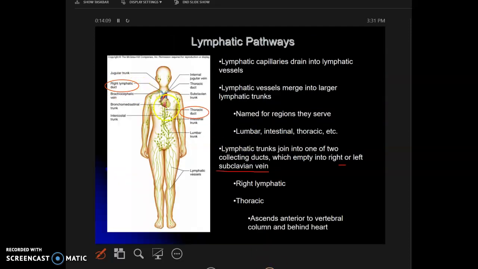Now there are 2 large collecting ducts of the lymph. The small lymph capillaries, what did I say? Drain into collecting ducts. On the right side is the right lymphatic duct and on the left side is the thoracic duct. Both of these will drain into what? Into the subclavian vein. And the subclavian vein, what does it do? It drains into the right atrium.